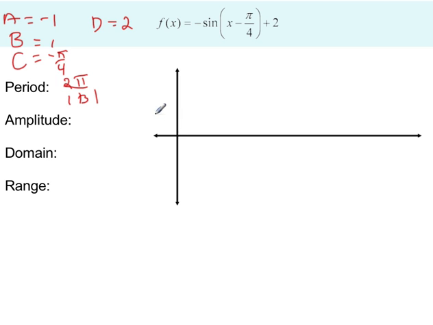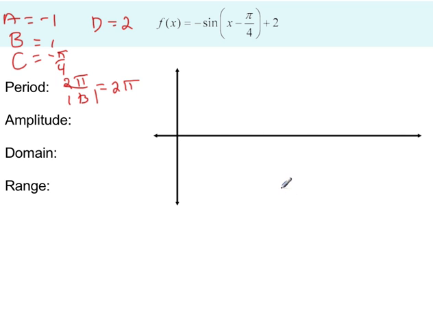If the absolute value of b is greater than 1, it's going to cause it to shrink. If the absolute value of b is less than 1, it's going to cause it to stretch. So we divide by the absolute value of b. In this case, b is 1, so my period stays 2 pi.